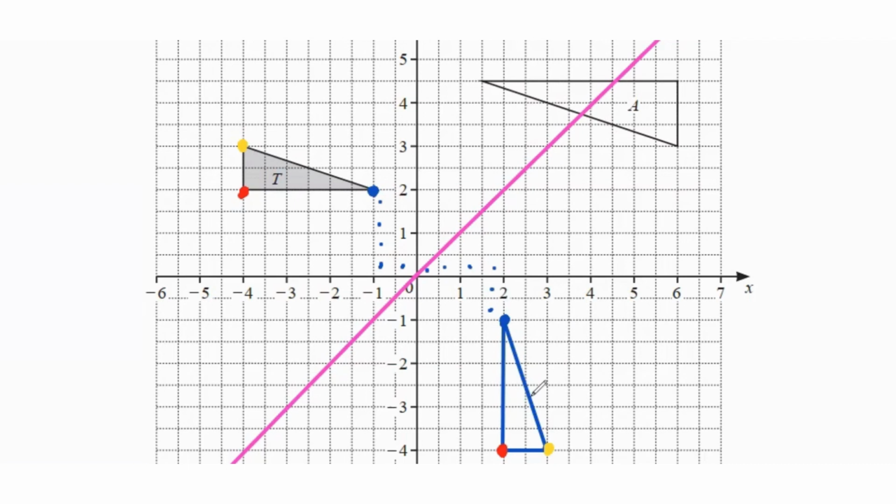So always remember that when you're reflecting in the line y equals x, you change the distance. Whatever is the horizontal distance, now that becomes the vertical distance from the origin. You have to make sure that you're counting the distance from the origin, which is this point. This is your origin. So this was your reflection for triangle T in the line y equals x.